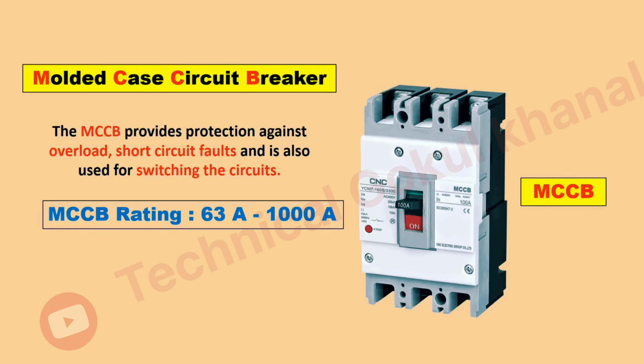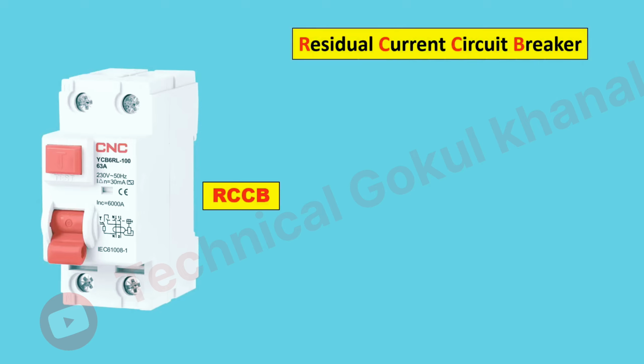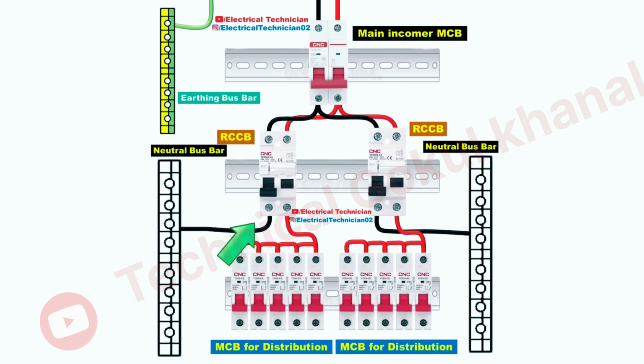After this, next device is RCCB. Full form of RCCB is residual current circuit breaker. It is compulsory to install a RCCB in your home. Why is it compulsory to install a RCCB in our home? Let's understand.